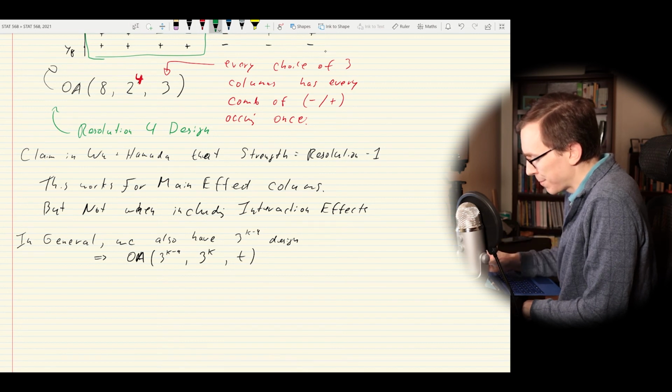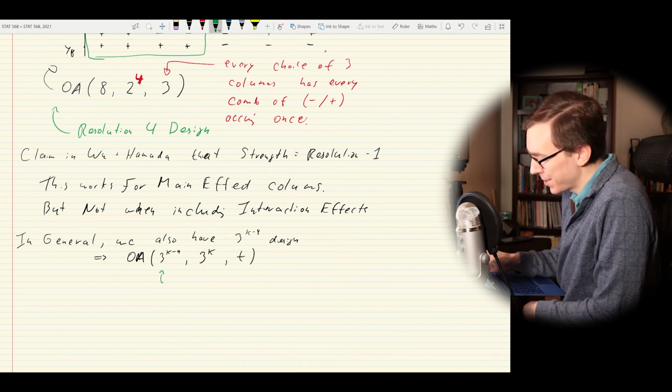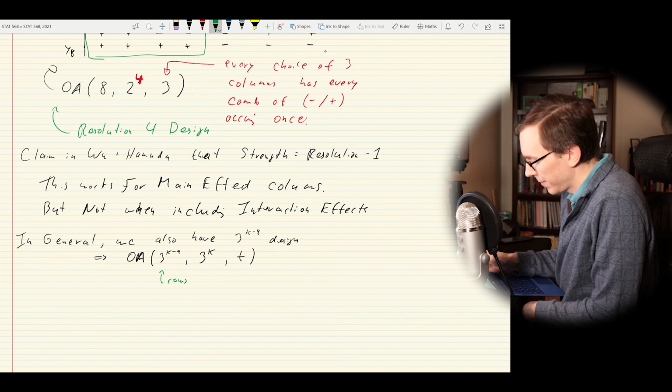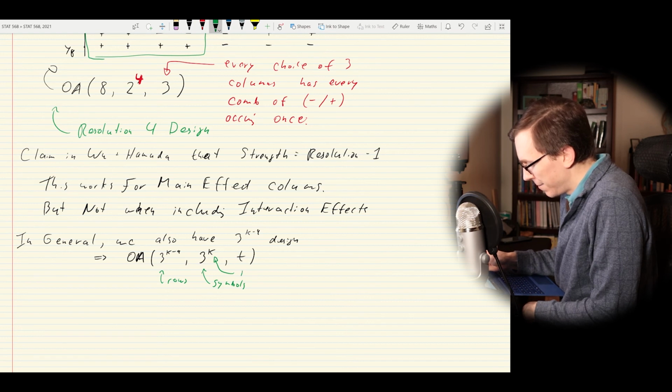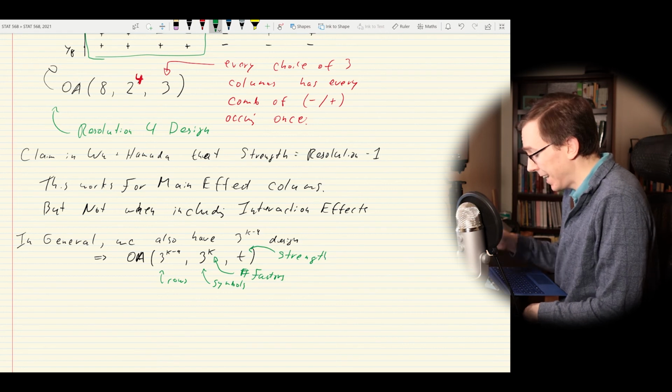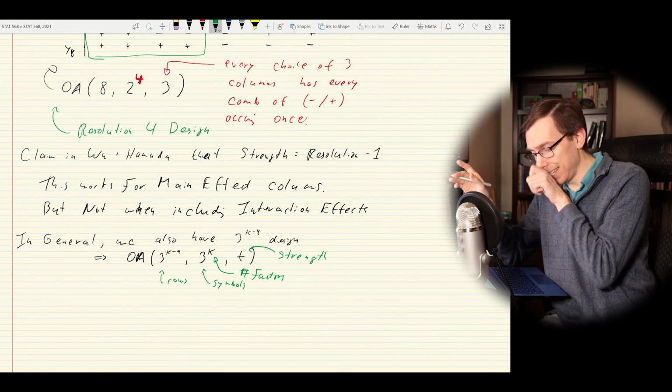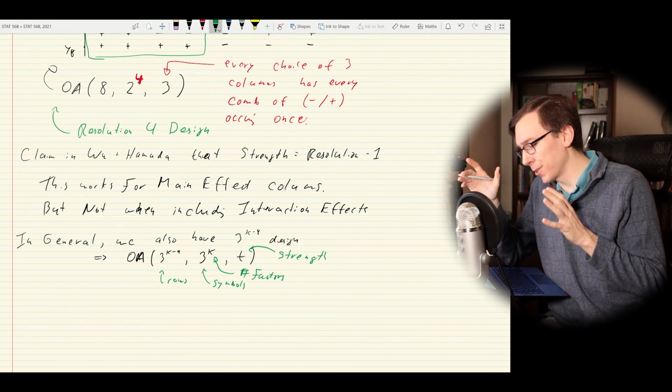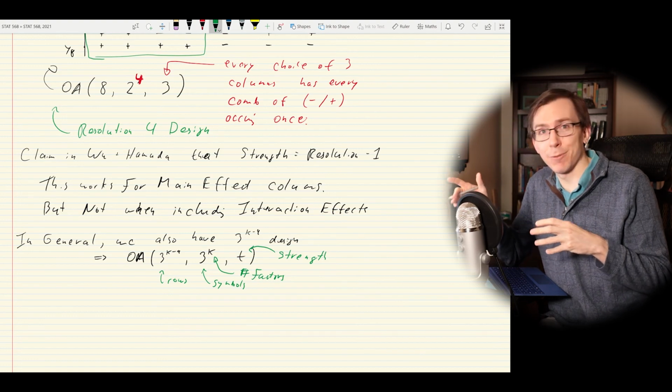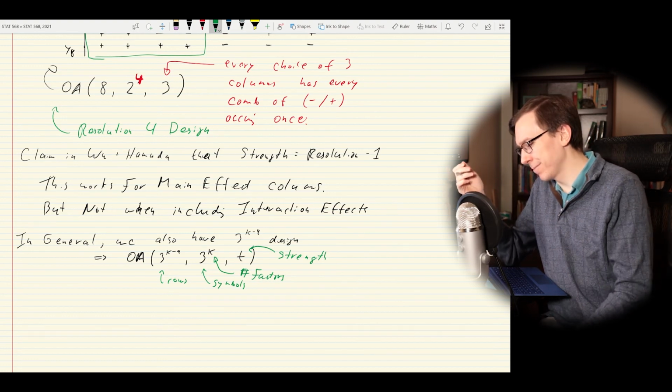So it's a little confusing, but this is the rows. This is the symbols. This is the number of factors. And this would be the strength, which I believe in this case, because we're not including the interaction terms in our orthogonal array, would then be something like the resolution minus 1.